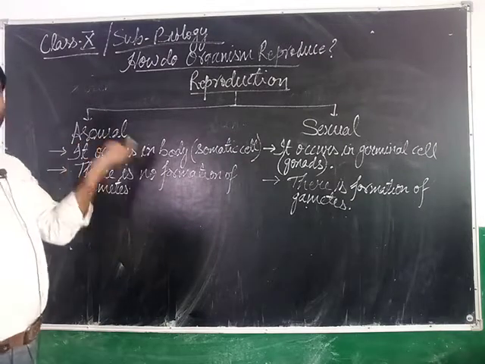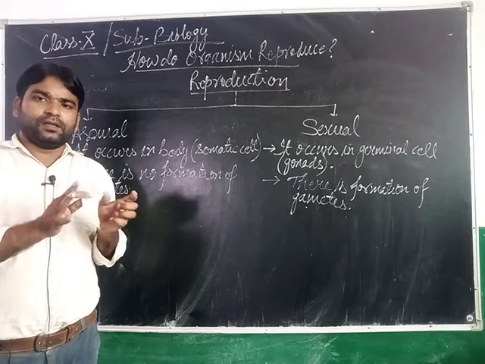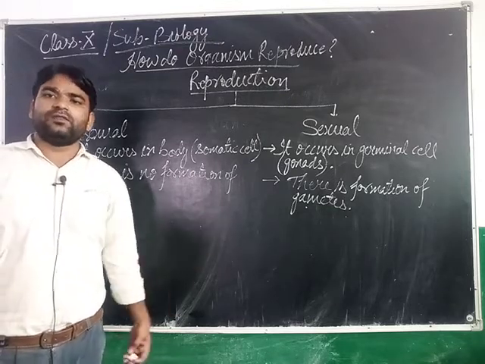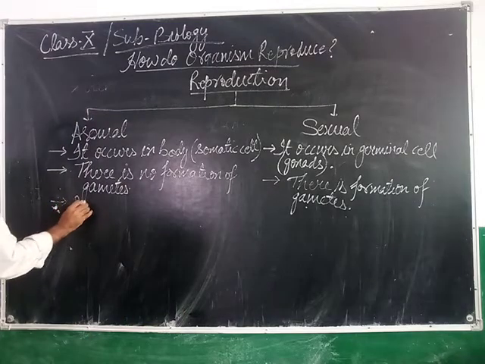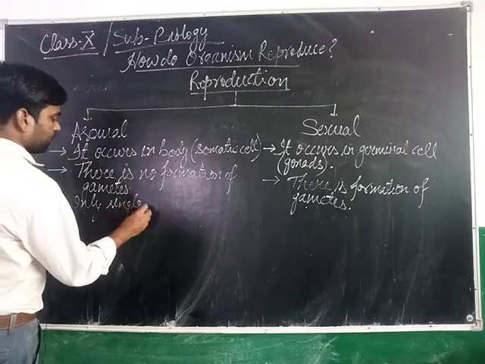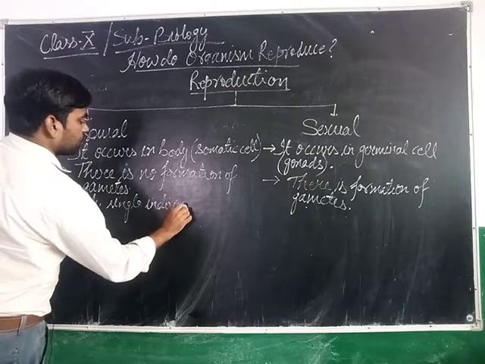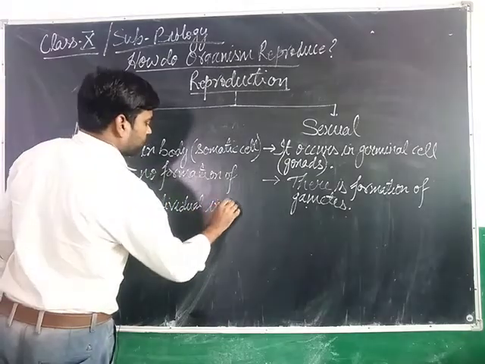In asexual methods of reproduction, only a single individual is involved. The single individual produces the new offspring. Only a single individual involved.